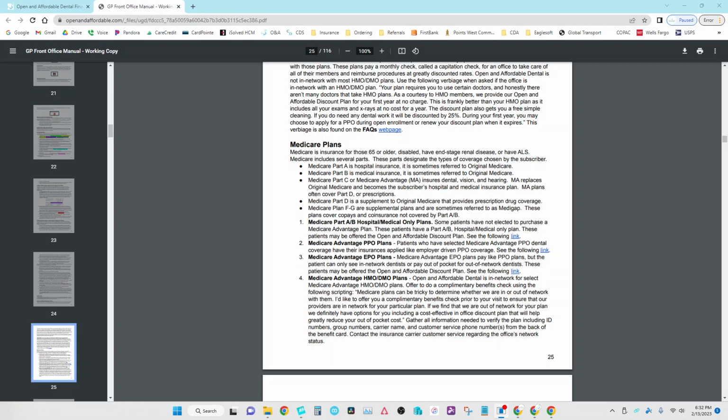So again, kind of confusing, especially when you think about the HMO and DMO offered by employers, is going to be different than if we are coming in with Medicare Advantage. We might be in network with them.